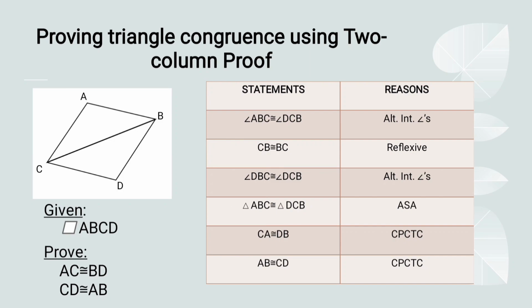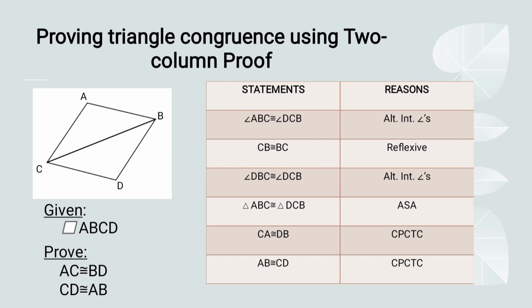Our first statement is angle ABC is congruent to angle DCB, and the reason is alternate interior angles. Our second statement is CB is congruent to BC. Our reason for that is the reflexive property.